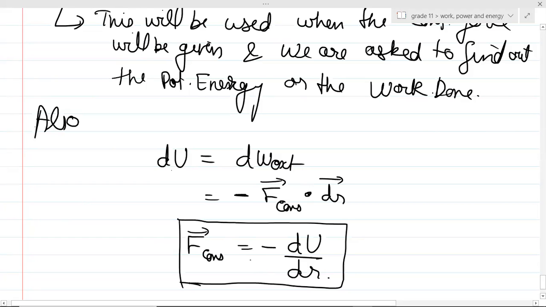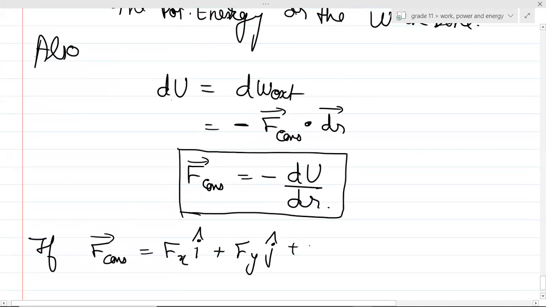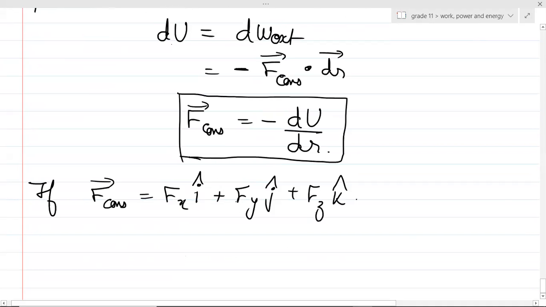So this is one of the things. First, write this result. If we want F conservative as Fx i cap plus Fy j cap plus Fz k cap, and potential energy is given as a function of x comma y comma z.